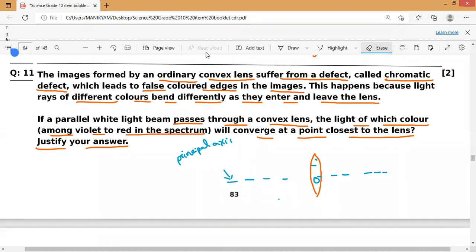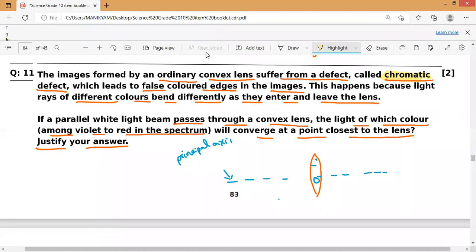But it suffers a defect called chromatic defect, which means the lens fails to converge all the colors of light at the same point. That is the defect called chromatic defect: a failure of a lens to focus all colors to the same point.